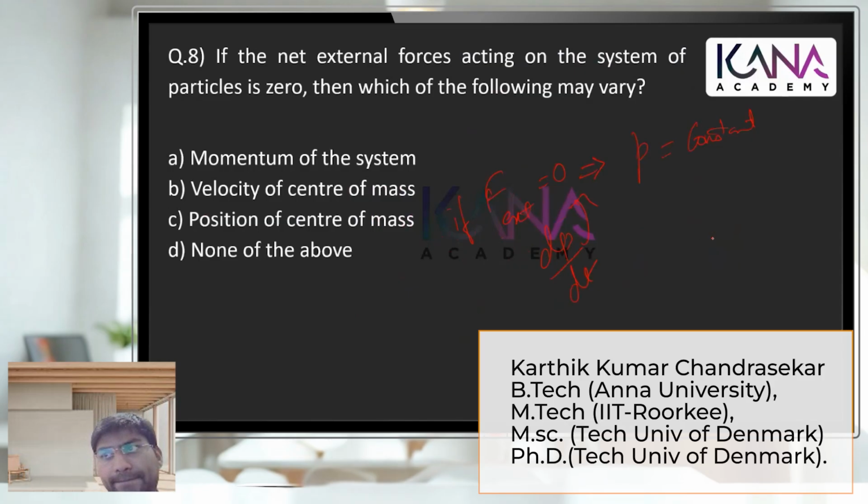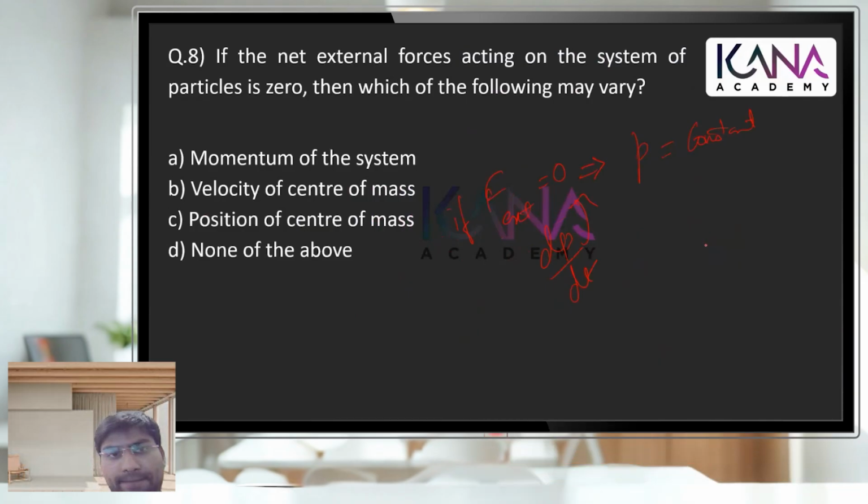If P is constant, the velocity of the center of mass will also be constant, because P is nothing but m into v. m is a constant for the system, so m is not going to change. If P is constant, the v has to be constant. So momentum and velocity are supposed to be constant. So we can eliminate these two options.